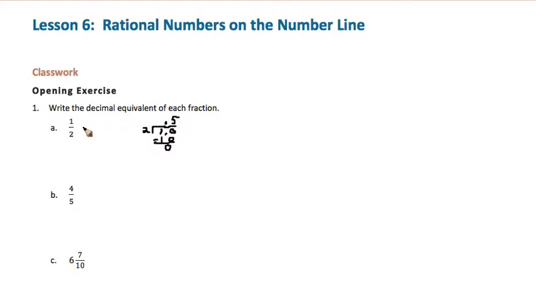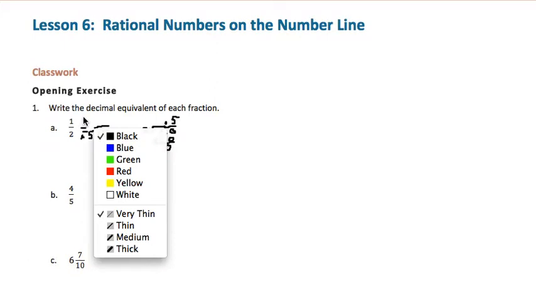The other way is that we can make equivalent fractions. And to make equivalent fractions, what we want is a 10, 100, or 1,000, a power of 10, in the denominator. Then all we need to do is figure out how many times we multiply our original denominator to get the new one, which is 5.